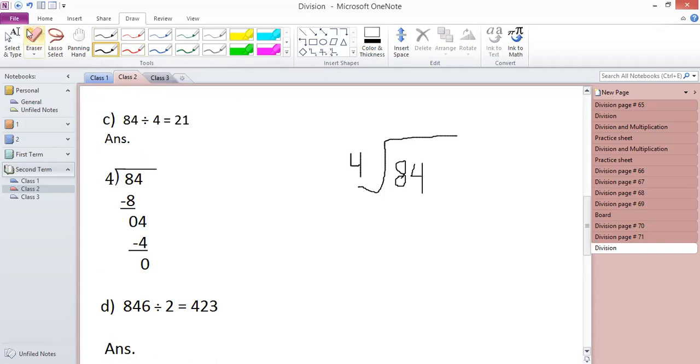Check out the table of 4, that 4 multiplied by what will give you 8. So 4 ones are 4 and 4 twos are 8. So 8 divided by 4 is 2. Why 2? Because 4 twos are 8.